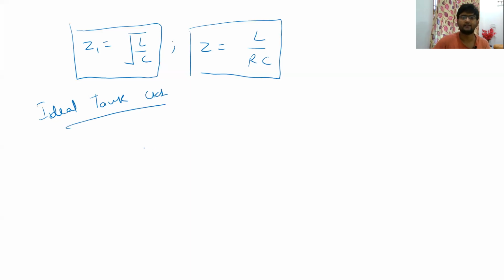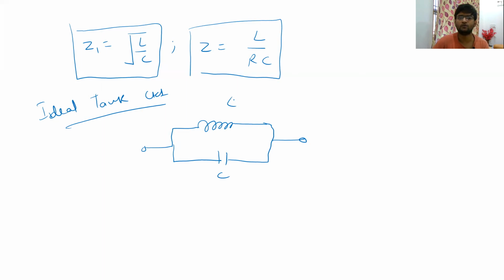So in an ideal tank circuit, what you are going to find is there will be no resistance. There will only be one inductor and one capacitor in parallel, like this, C and L. So the value of R is going to be 0. So if you put this value of R as 0, what will happen to the value of impedance? Tell me, at resonance, you got the value of Z and Z1 for a real tank circuit as this.